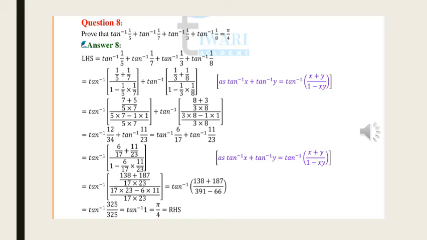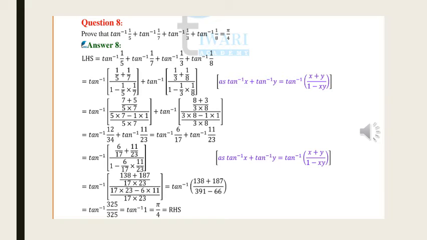So, the first 2 terms will be reduced in terms of tan inverse. The last 2 terms also will be reduced in terms of tan inverse. Again, the tan inverse x plus tan inverse y formula. So, keep on applying the formula. Your answer will be tan inverse 1 and that is equal to pi by 4.